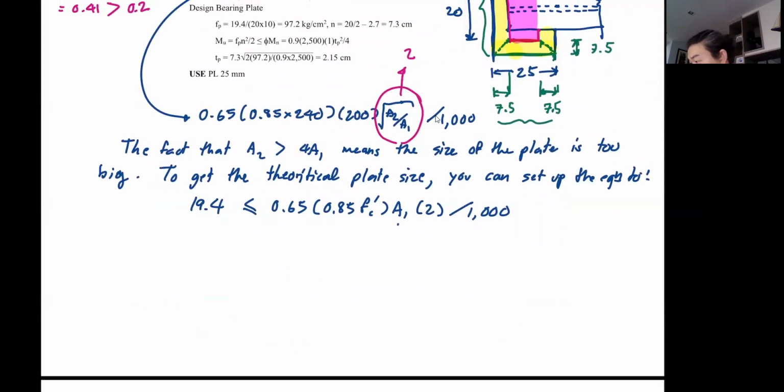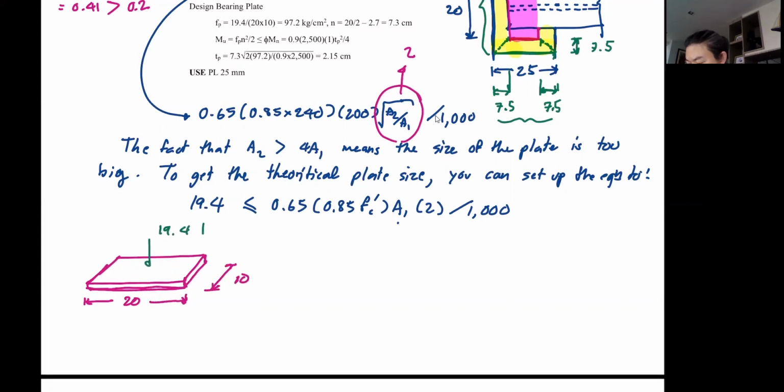Okay, so to keep with that, the plate dimension that we use is 20 by 10, right? Okay, and now we know that the total load that comes on this one is 19.4 tons.